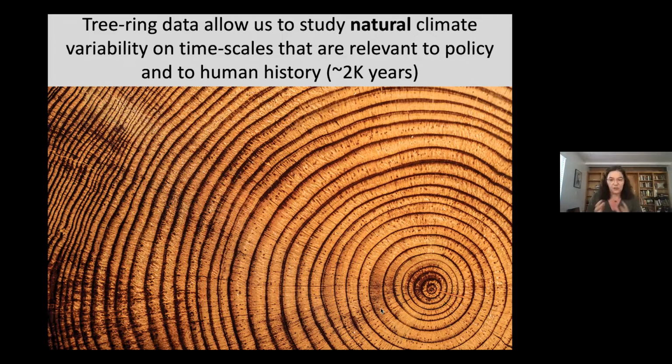The decadal to centennial timescales are also quite policy relevant. When we look at projections of the future, we're talking about 2100, which is decades away. These are timescales that we can actually influence with what we do as a society.